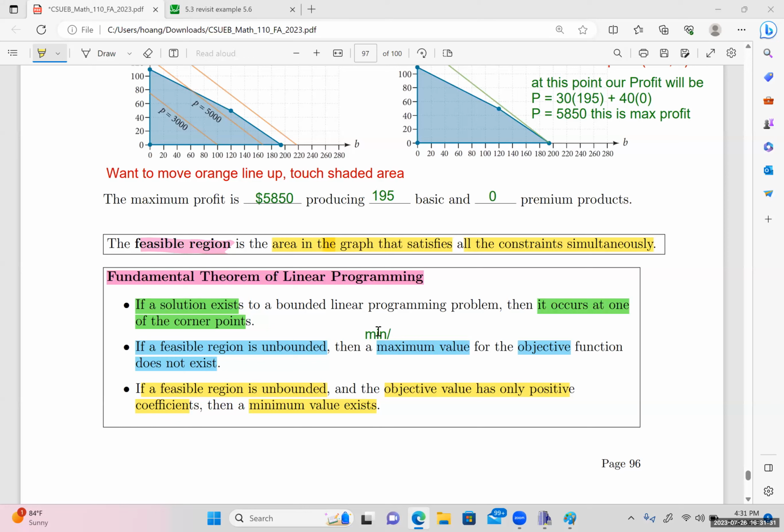I actually decide to get back my word here. The minimum will be down here, right? We're not going to have the maximum since the feasible region just goes everywhere. All right.